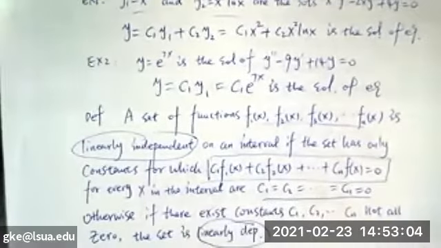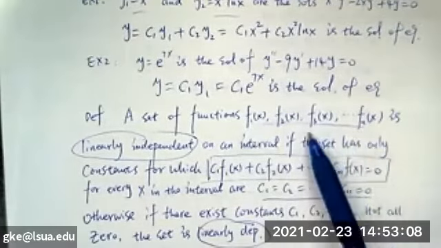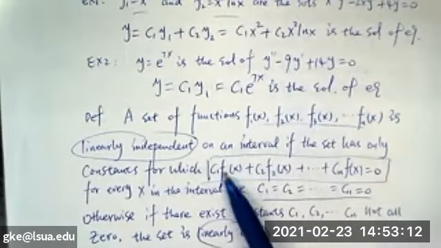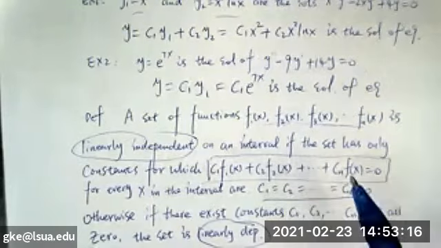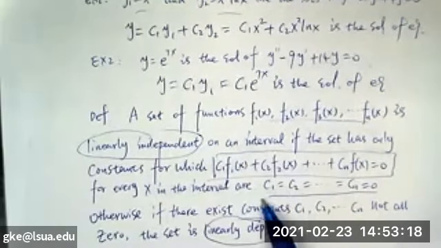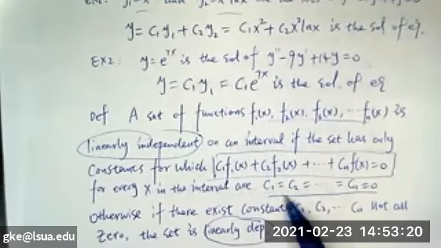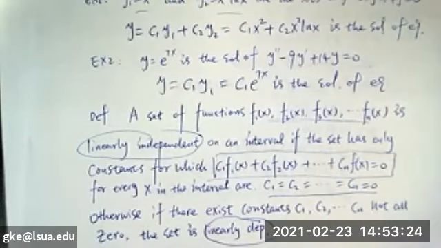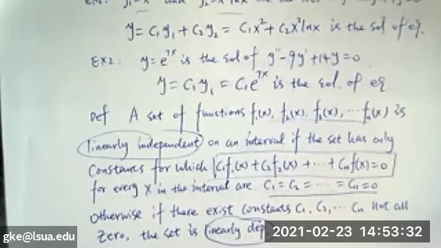So how to check whether these functions are linearly independent or dependent? Just take the linear combination, let it equal 0, and solve the equation to find the constants. If the constants are all 0, that means linearly independent. If constants are non-zero, that means linearly dependent.